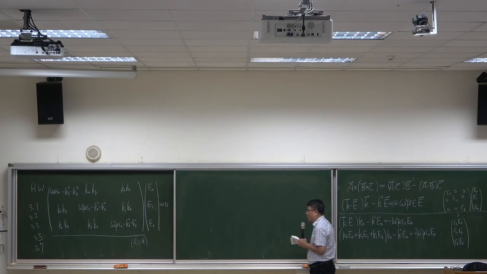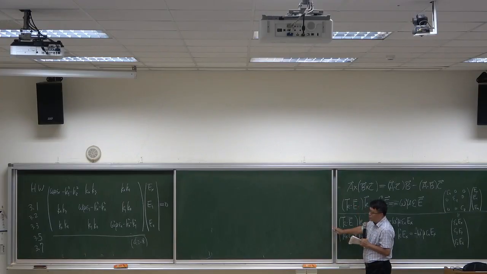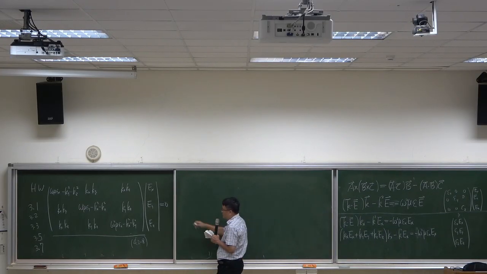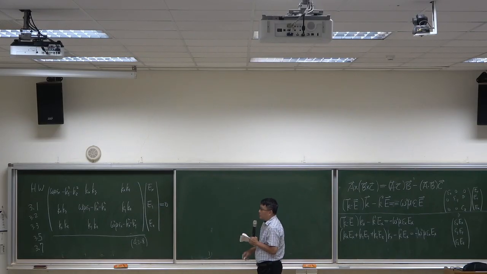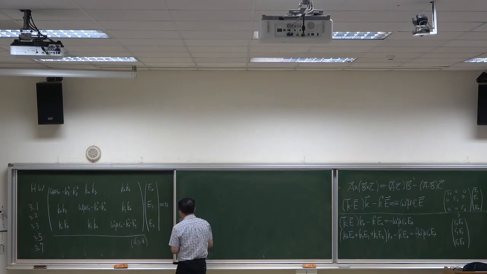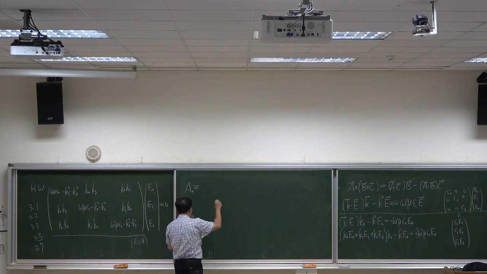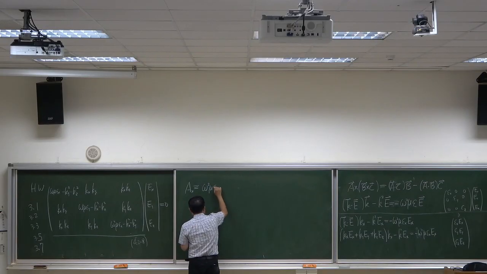So now we try to derive the dispersion relation from the condition that the determinant of this matrix equal to 0. To simplify our derivation, I define three quantities. I define Ax as omega squared mu epsilon x minus k squared.